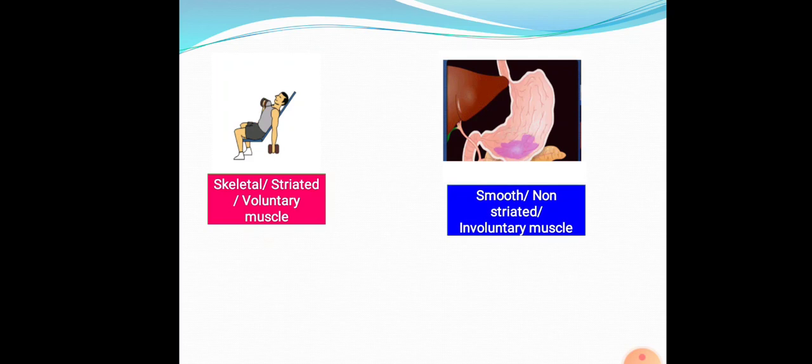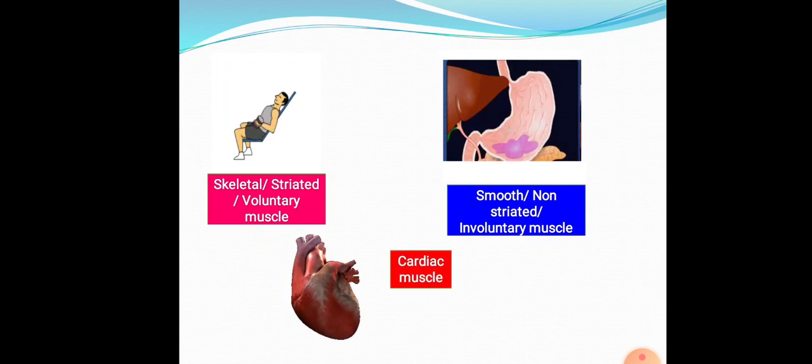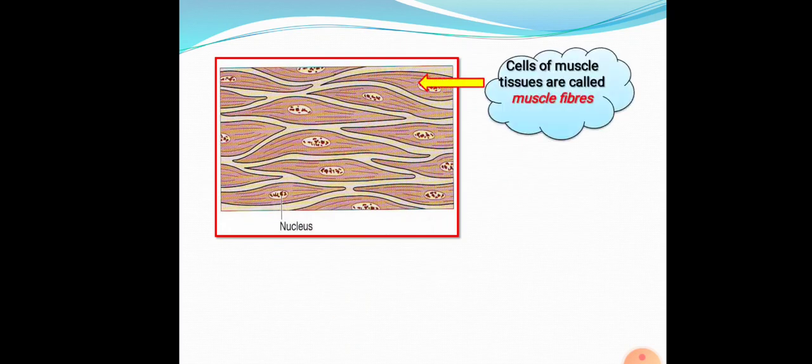Skeletal muscles are also called striated voluntary muscle, smooth muscle is non-striated involuntary muscle, and then there is the cardiac muscle. Cells of muscular tissue are called muscle fibers.